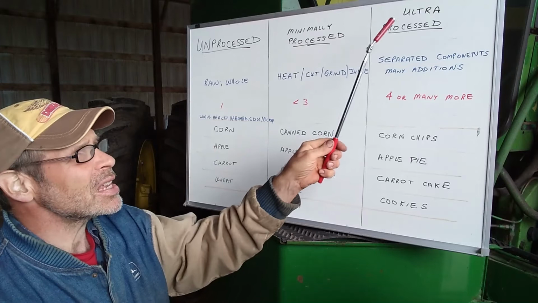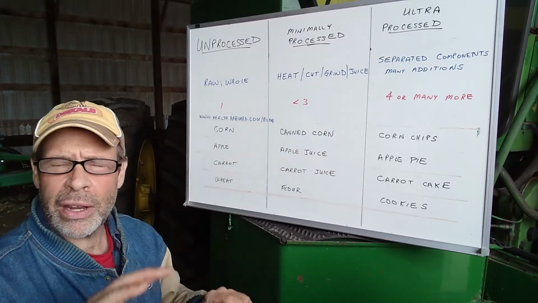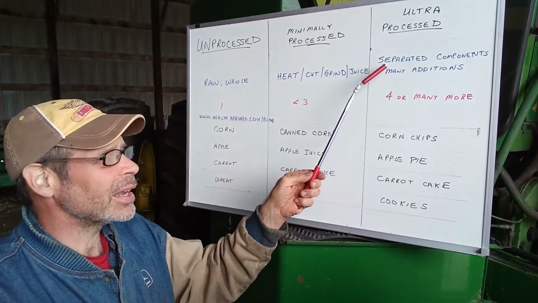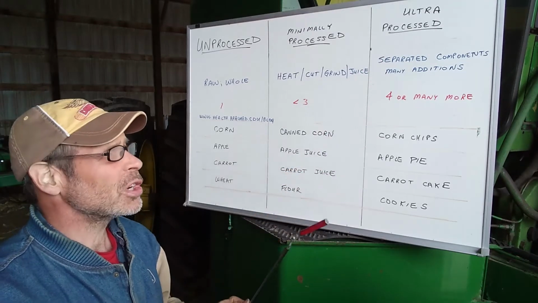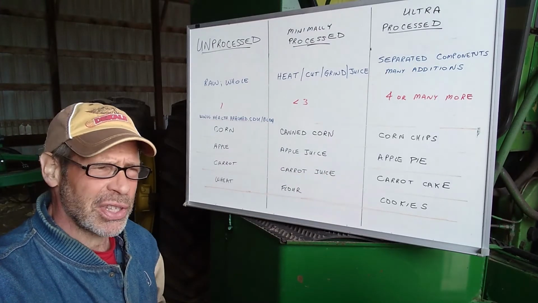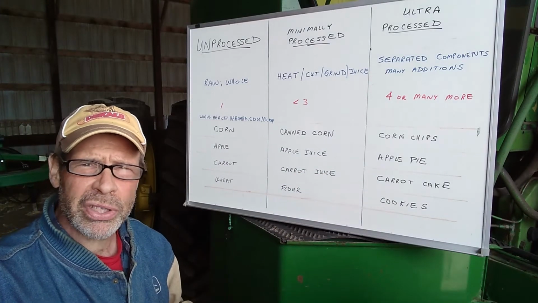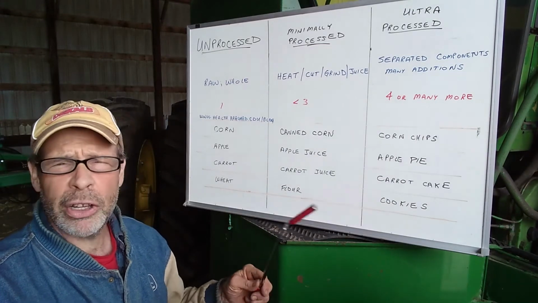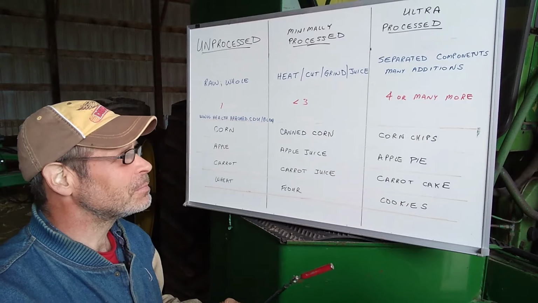Okay? In the case of ultra-processed foods, all bets are off. You can separate the components, like the bran on the outside and the germ on the inside. They have many additions added, for example oils, salts, sugar, artificial flavorings, artificial colors. It could be many things.